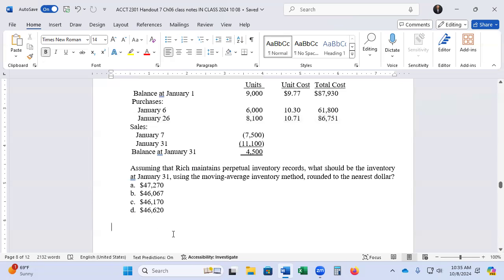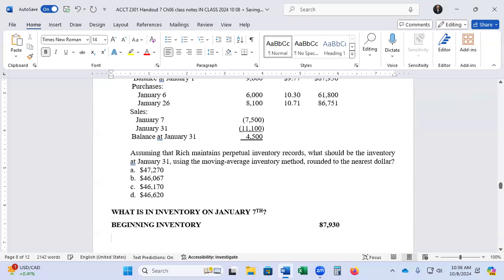So we have to say, okay, what is in inventory on January 7th? And so we have the beginning inventory, and that's the 87,930, and our purchase Jan 6th.